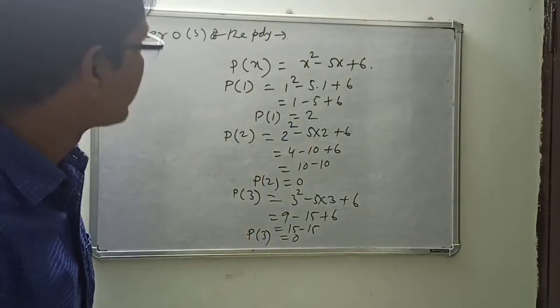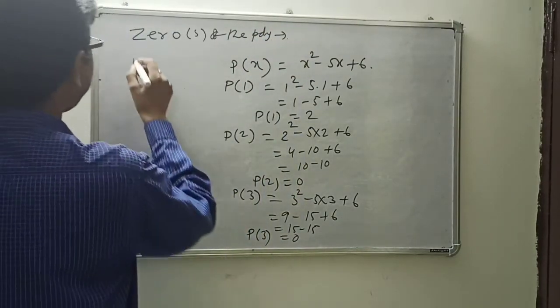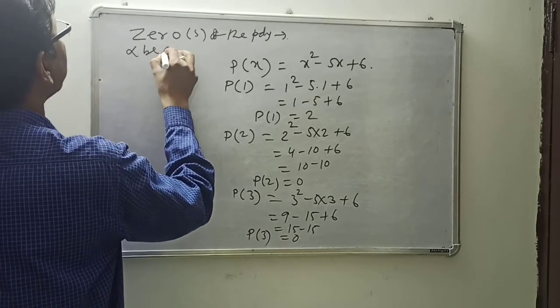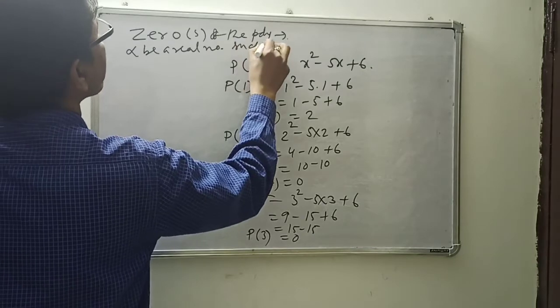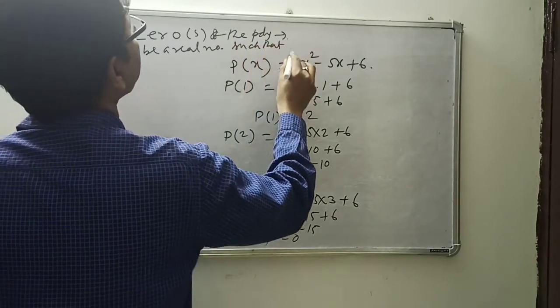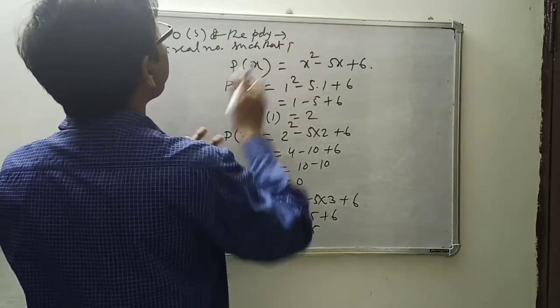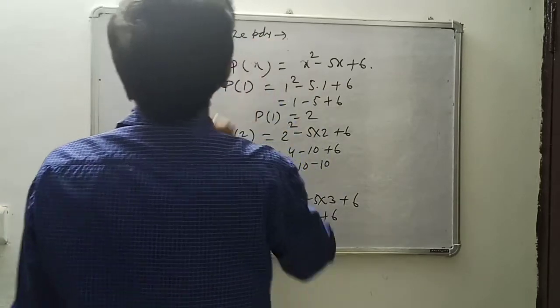For example, what can we define by that? Let alpha be a real number, and p(x) be a polynomial, suppose.